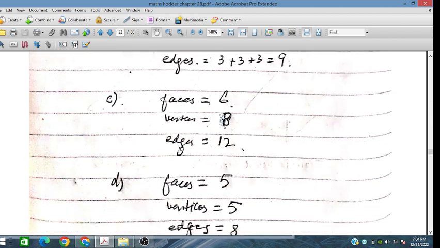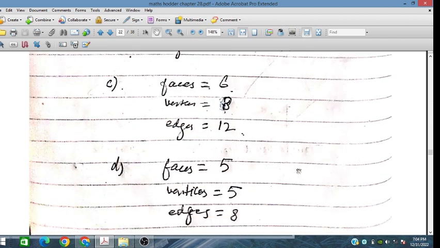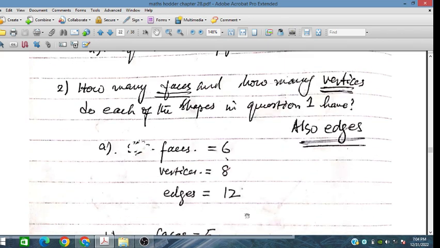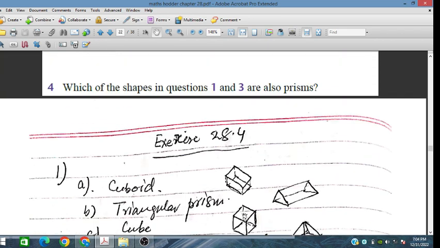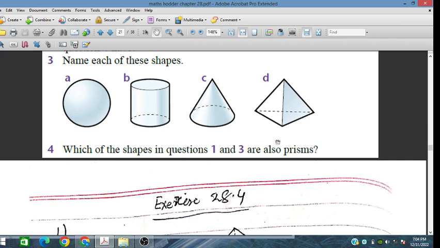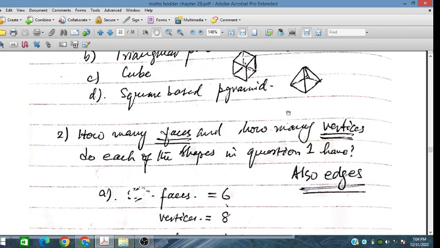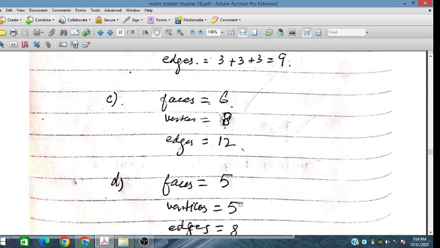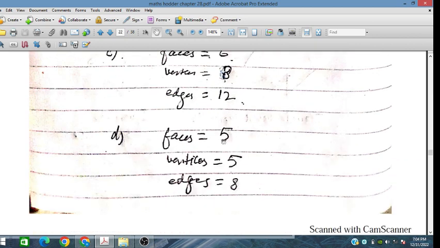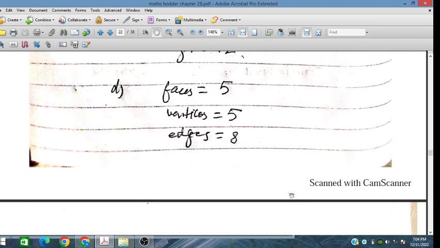So vertices are 5, faces 5, edges 8, because we have 4 edges at the bottom and the projections meet at a common vertex. So these 4 edges are inclined and 4 are at the base. So it gives these faces, vertices and edges.